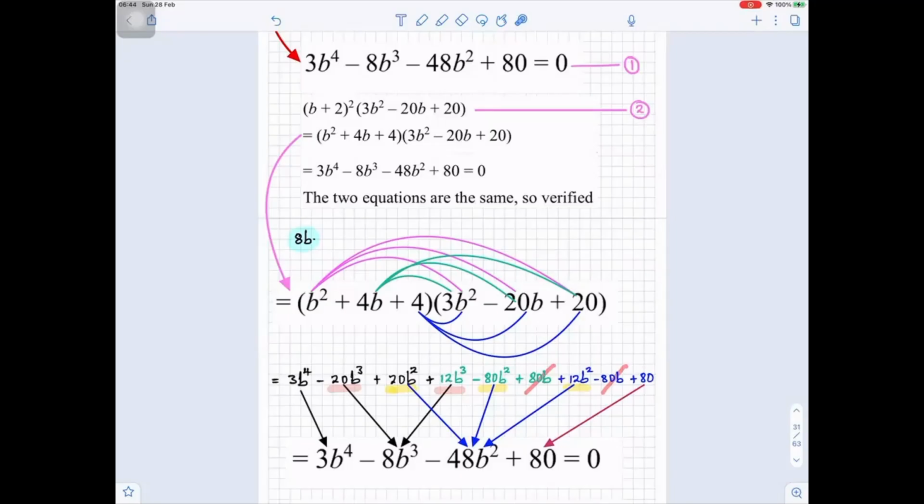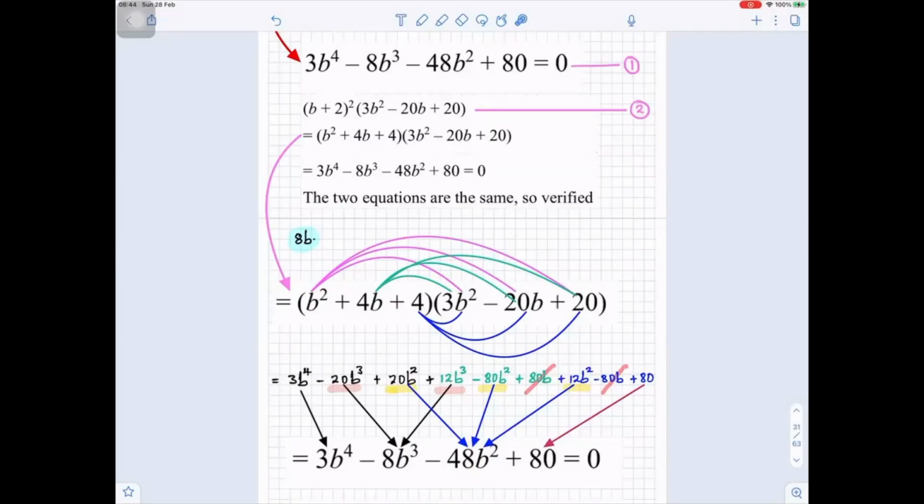Now, the two equations are the same because you can multiply it out. Follow those lines there to multiply it out, and you will get this expression underneath. 3b to the 4, you got that, minus 20b cubed and 12b cubed will give you minus 8b cubed, plus 20b squared and minus 80b squared and 12b squared will give you minus 48b squared.